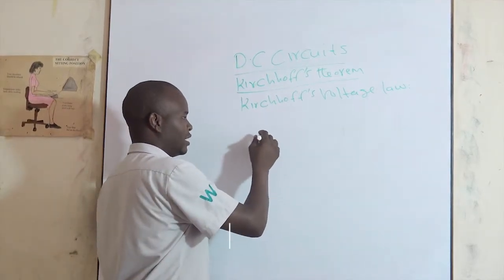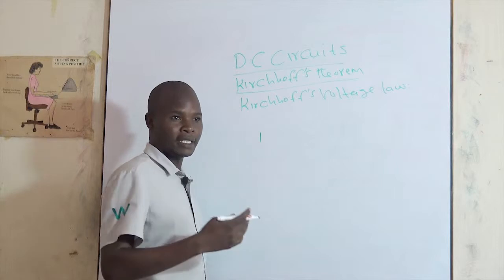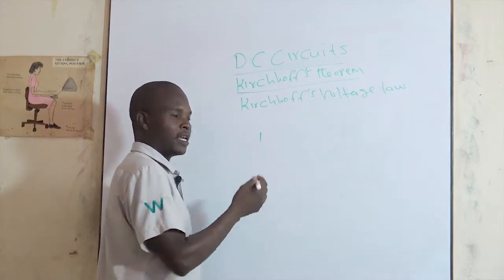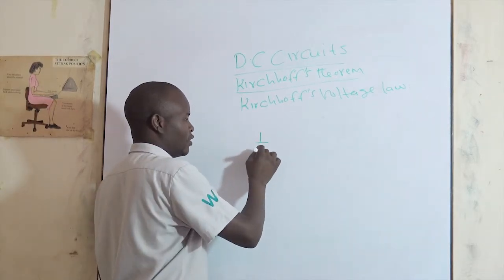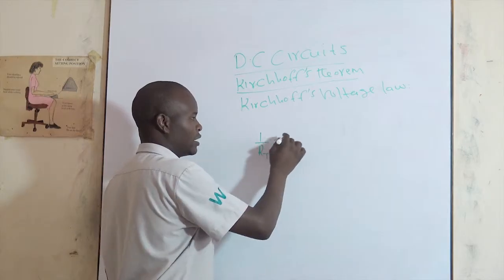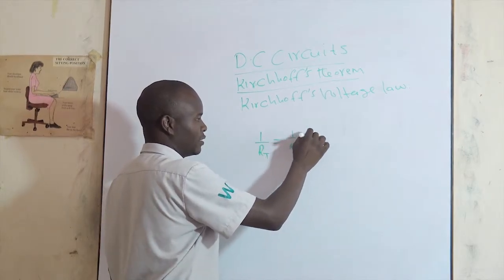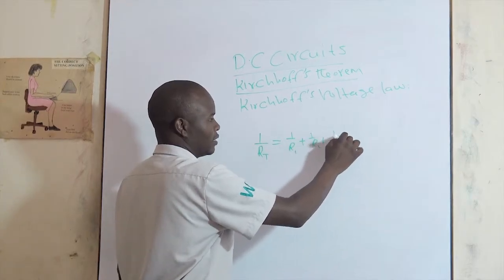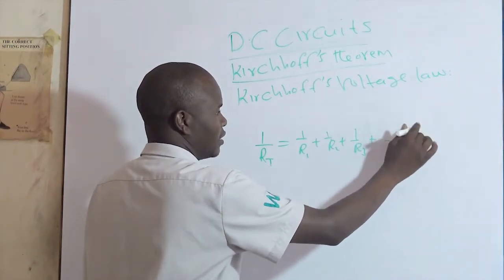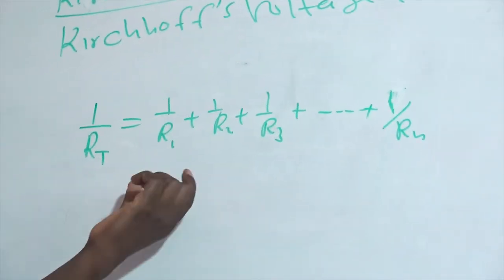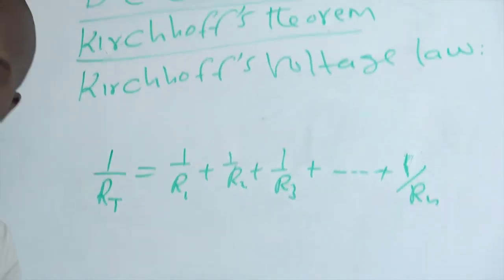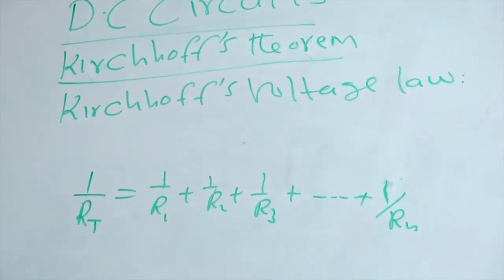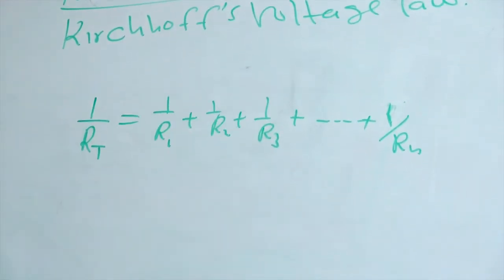We derived that in a parallel circuit of any kind of resistance, you can get the total resistance using this formula.